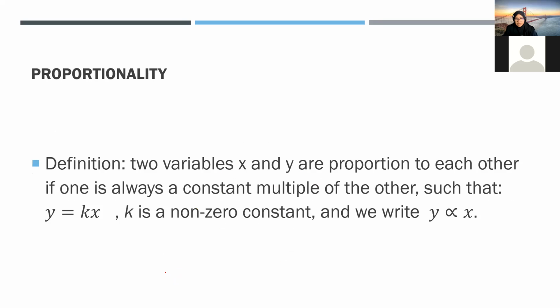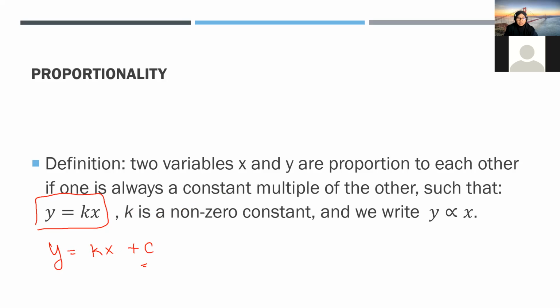Okay, and I think I said this last time. In our case, we use y equals kx. You can have kx plus a constant as well, but that is not quite proportional, because if you have y equals kx plus some constant, this is not the definition of proportional.